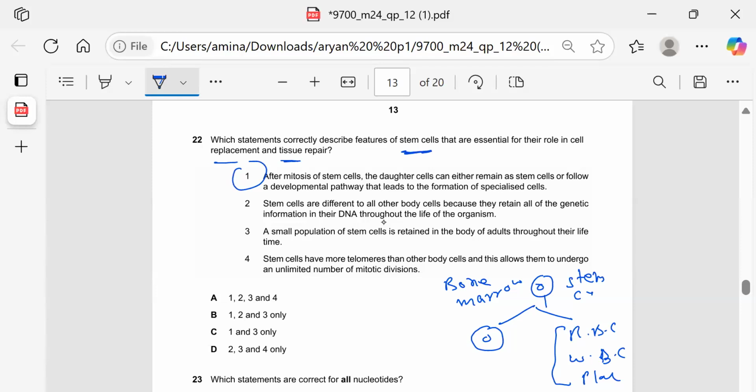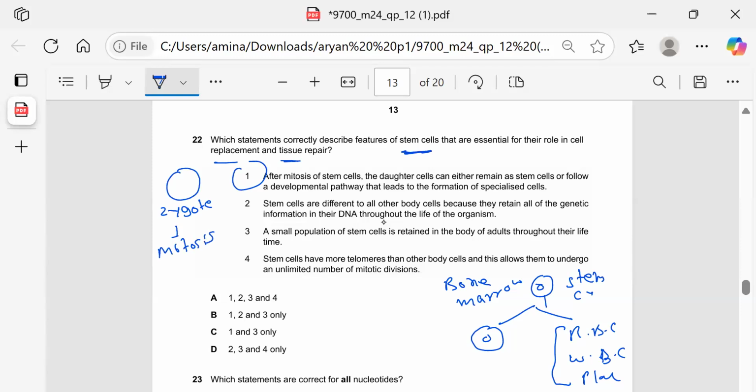When I go for the second one, it is saying stem cells are different to all body cells because they retain all the genetic information in their DNA throughout the life of an organism. Remember, we have developed from a zygote, and the zygote has multiplied by mitosis.